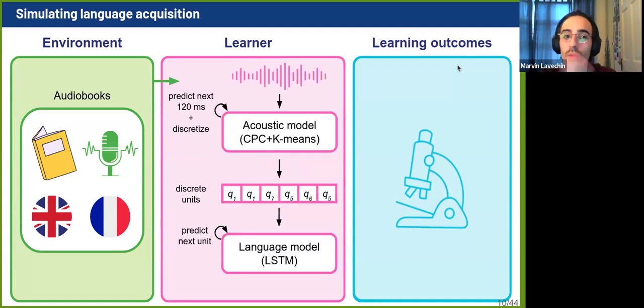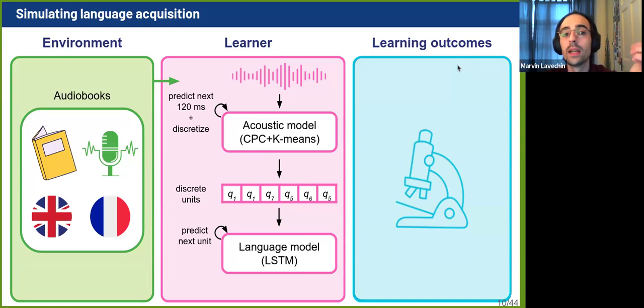Regarding the learner, this is full of technical details that I don't think are super interesting, but briefly, we used a self-supervised learning algorithm that works from raw speech, not text. It is made of an acoustic model, contrastive predictive coding plus k-means, trained to predict the near future and to discretize the audio.